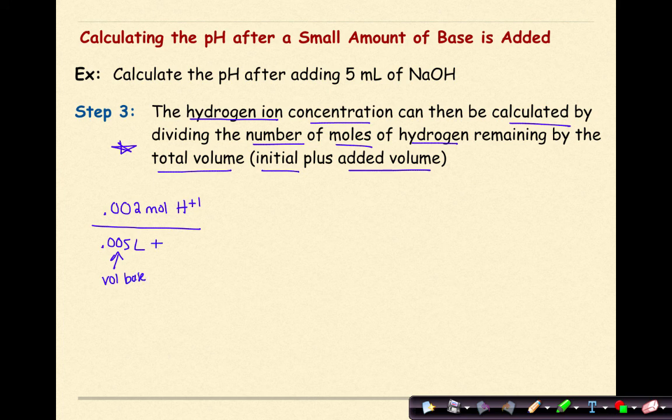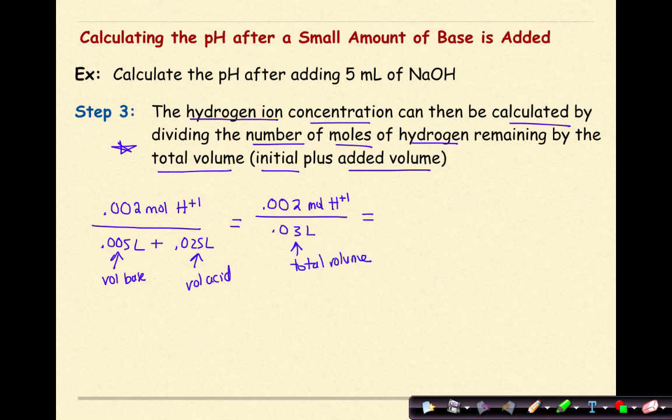And we need to add that to our original volume of acid, so 0.025 liters. So that is the volume of acid that I started with. So that means I'm going to have 0.002 moles of hydrogen ions divided by 0.03 liters of total solution. So this is my total volume.